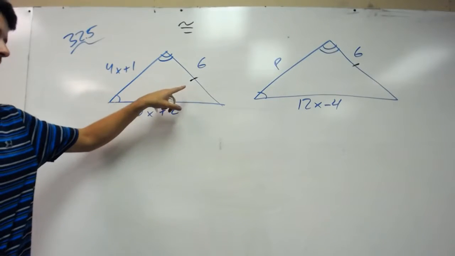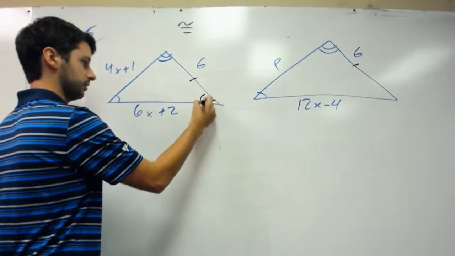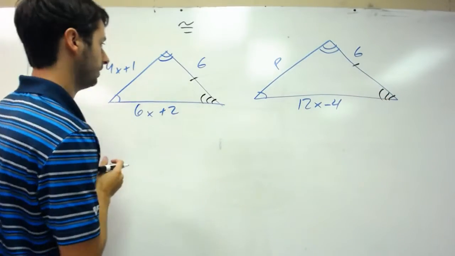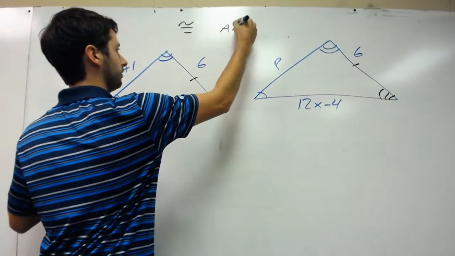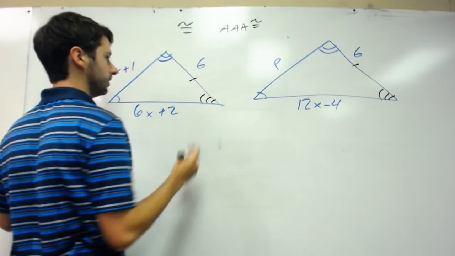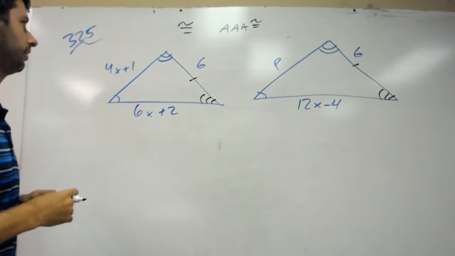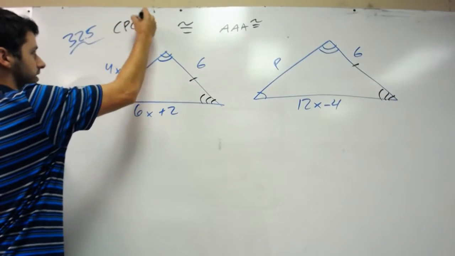angle, you could say angle. Remember, if 2 angles are congruent to each other, then the third is automatically congruent. But point being is they have angle congruency. And there's an acronym, CPCTC.